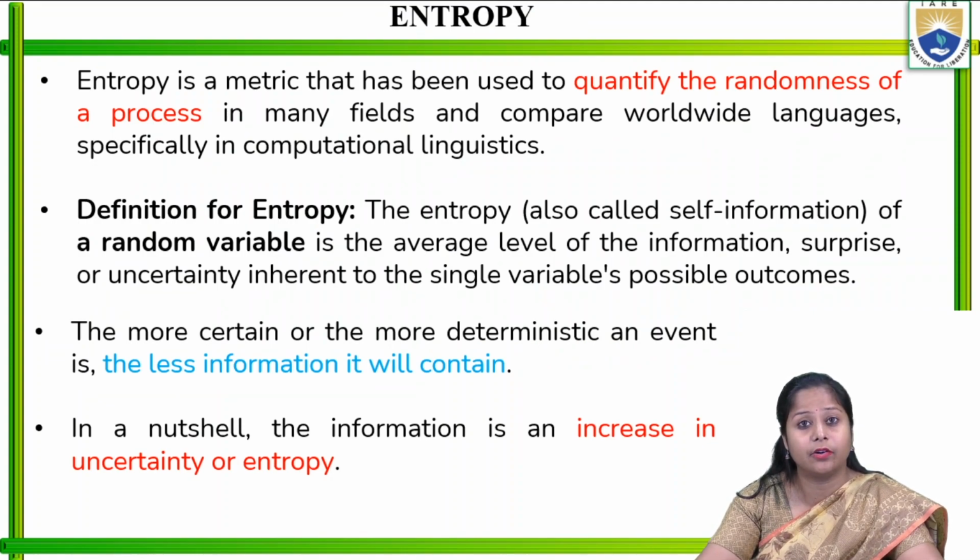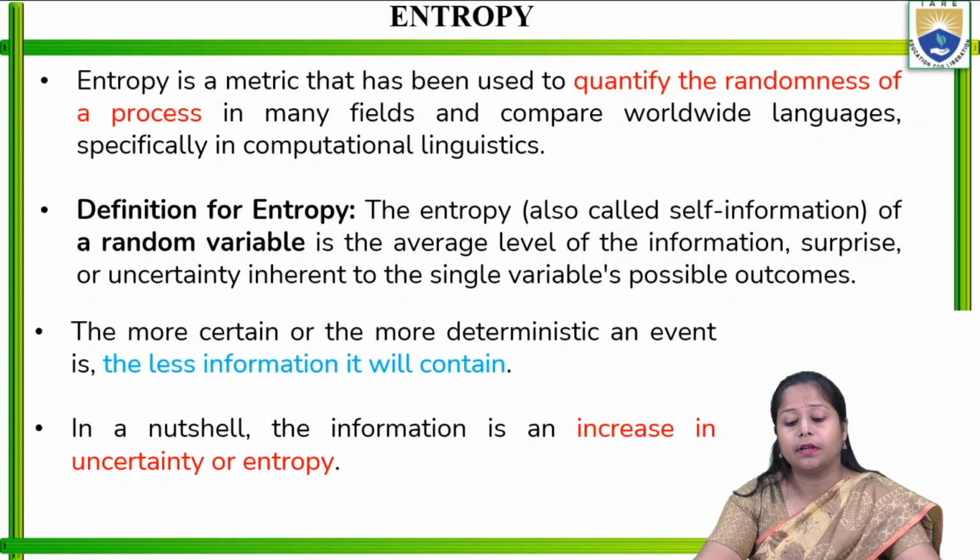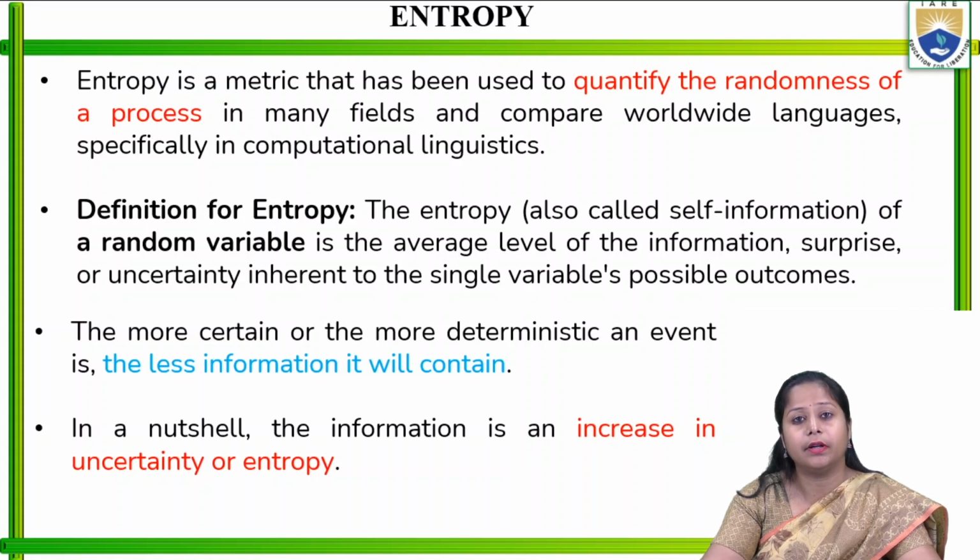Now let's see what entropy is. Entropy is a metric used to quantify the randomness of a particular process in many fields, and to compare languages worldwide, specifically in computational linguistics. The definition of entropy, also called self-information of a random variable, is the average level of information, surprise or uncertainty inherent to the variable's possible outcomes.